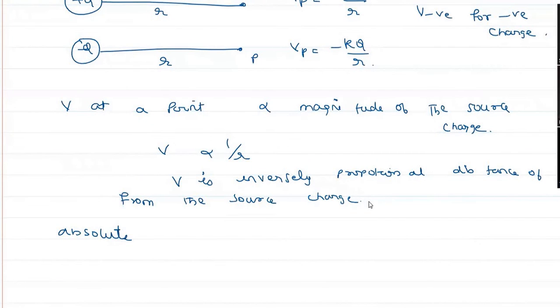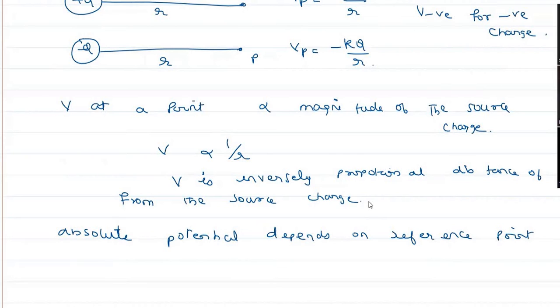Whenever you talk about work done in bringing a unit positive charge from infinity to that point, that is known as absolute potential. And absolute potential depends on the reference, because here we consider that at infinity it is 0. If I change from infinity to somewhere and keep it as 0, then it will vary.